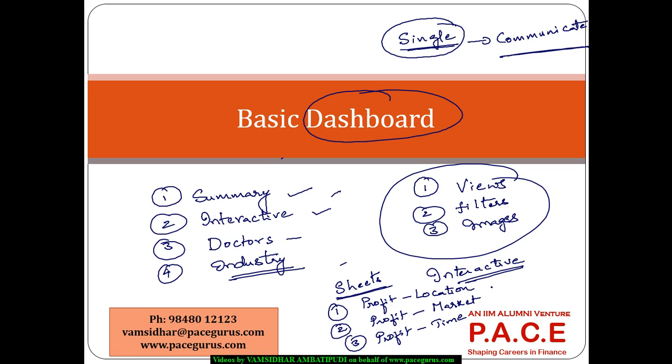So different kinds of profit analysis we have done, and we have used different kinds of visualizations for all of them. Now all I want to look at is how I bring all of them together into one single dashboard. That is what we are primarily interested in this particular session. So let's get started with the creation of that basic dashboard.